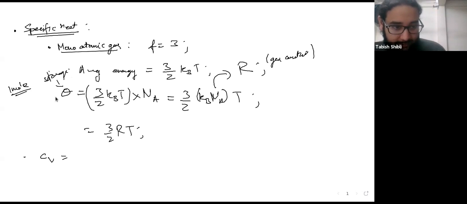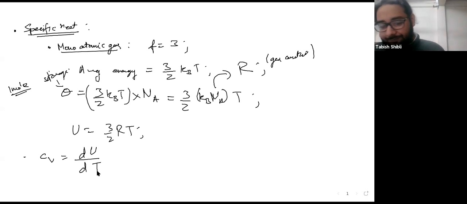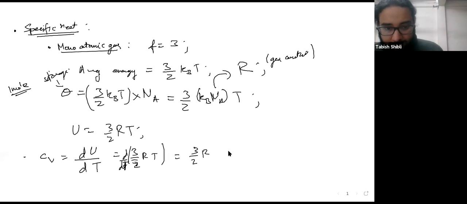This is nothing but the internal energy, U. So CV is just dU by dT, which is d by dT of 3 by 2 RT. 3 by 2 R is a constant, it will just fly out, and d by dT of T is just 1. So this is just 3 by 2 R.